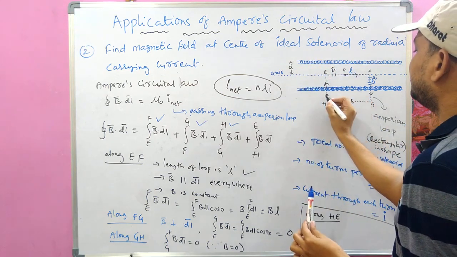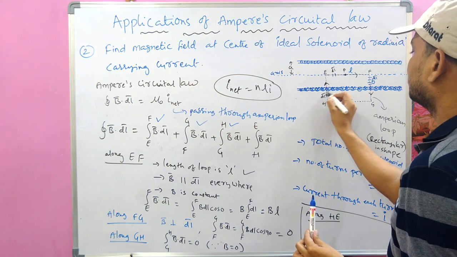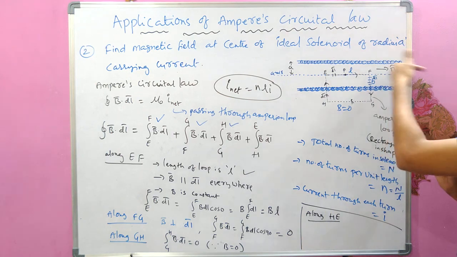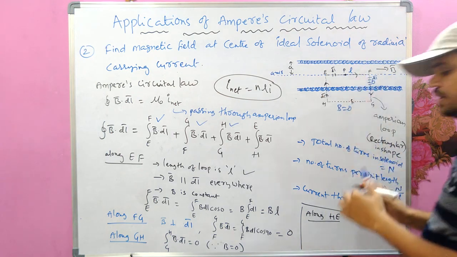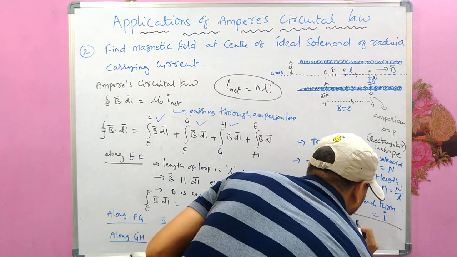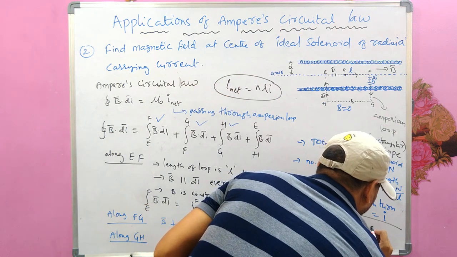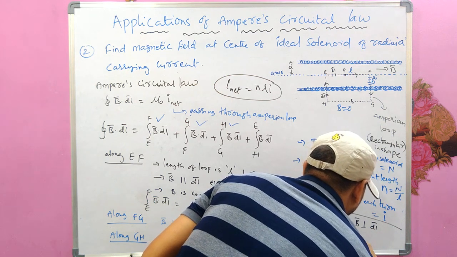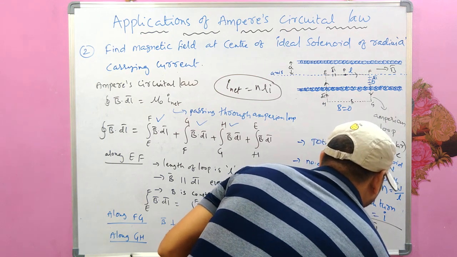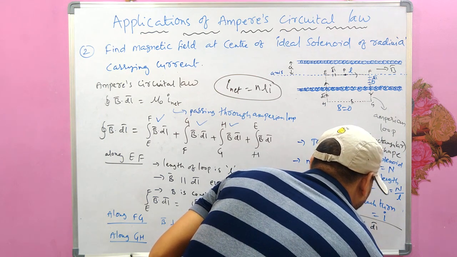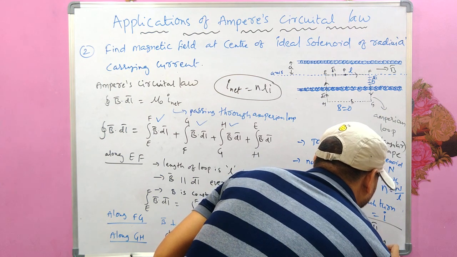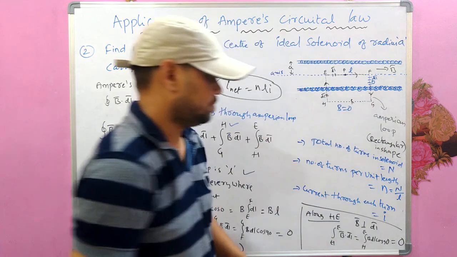So everywhere dl is perpendicular to B. B is this, dl is perpendicular to this. So B is perpendicular to dl. Hence the integral from H to E of B dl cos 90 is equal to 0.